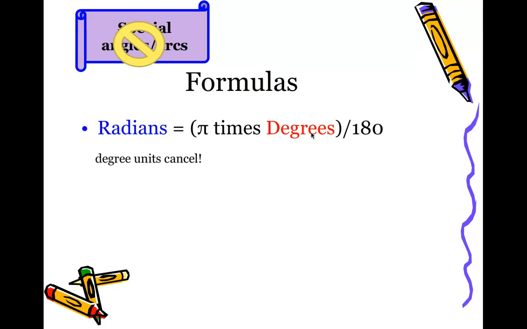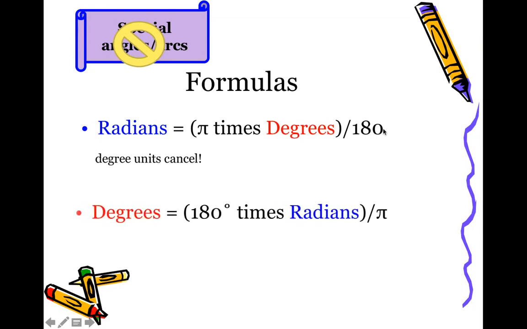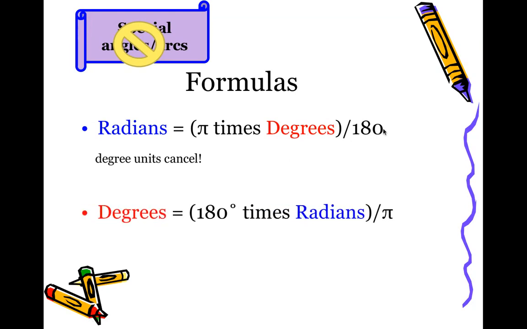The degree units are going to cancel, so it's the degree divided by 180 degrees. And then the degree is 180 degrees times the radians divided by pi, because the radian is the fraction of the semicircle. How many degrees out of 180? And again, the units will appear for this one. Radians are unitless.